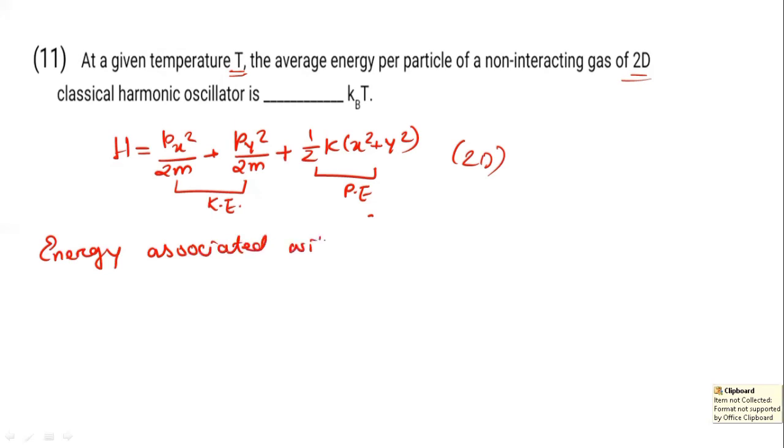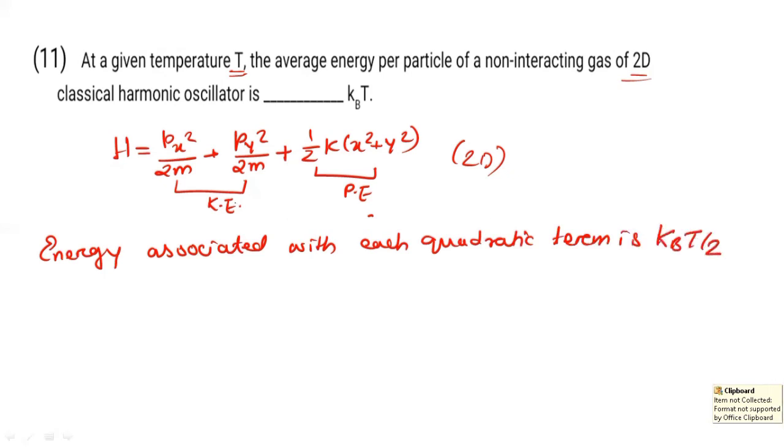We know that the energy associated with each quadratic term is kBT by 2. Here, how many quadratic terms are there? Here you have 2, and here you have 2. Total 4 quadratic terms are there, right?